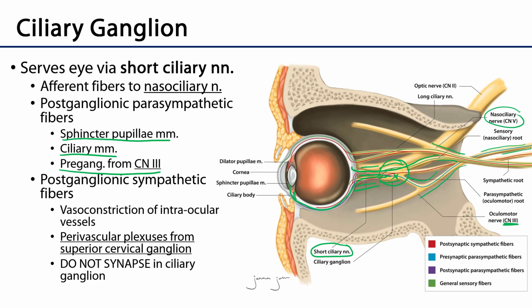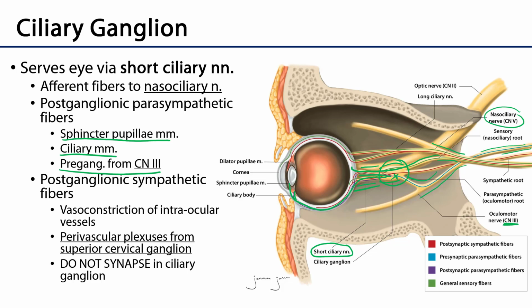There are also postganglionic sympathetic fibers. Those postganglionic sympathetic fibers are going to serve perivascular plexuses of the intraocular vessels. And when stimulated, they are going to lead to vasoconstriction of those vessels.